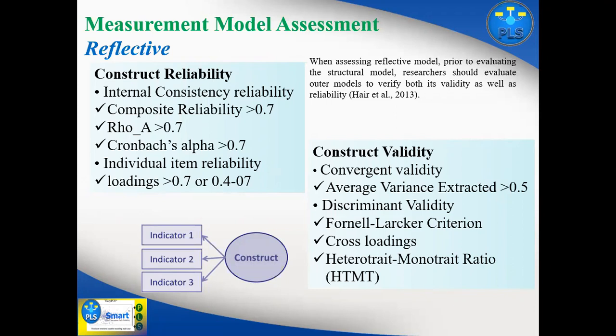But if AVE is not achieved, you delete from 0.4 to 0.7. But mind you, when you are deleting, don't delete until there are no other items, or you delete until only one item remains.